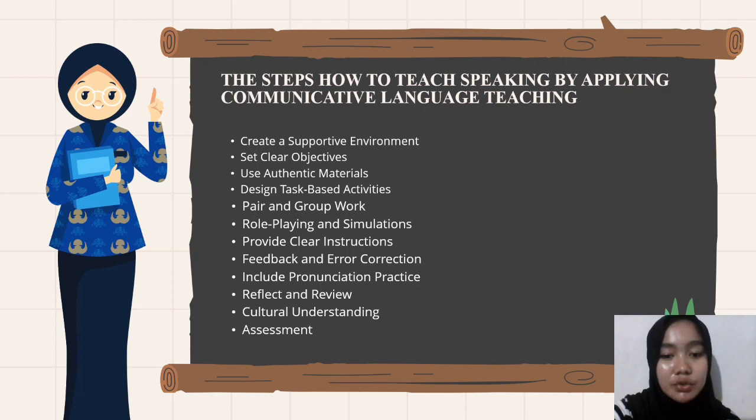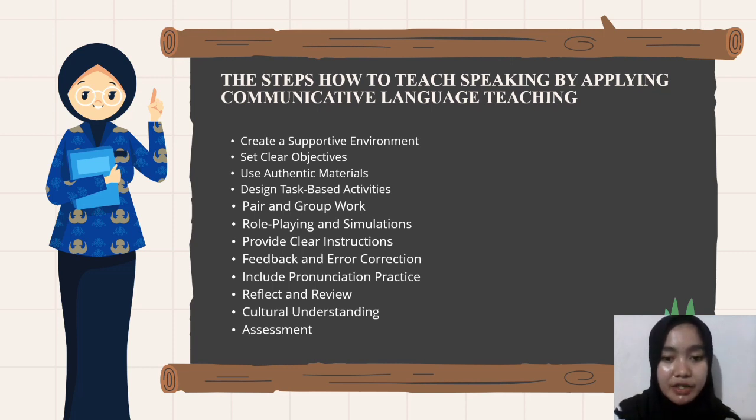Number 2, set clear objectives. Define specific objectives for the speaking activities. These objectives should be communicative and focus on real-life language use, such as expressing opinions, giving advice, or negotiating meaning.